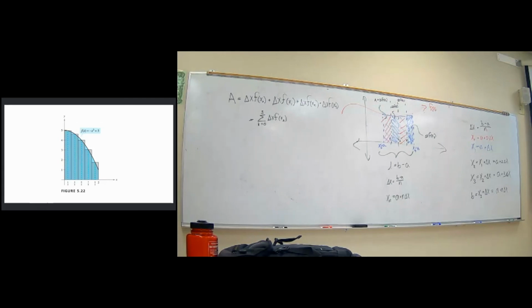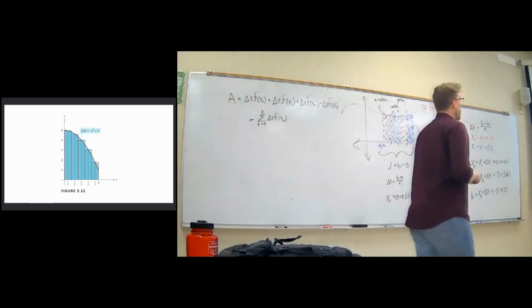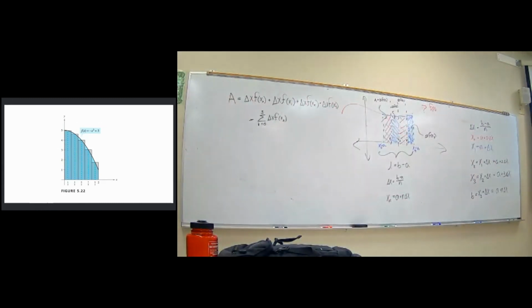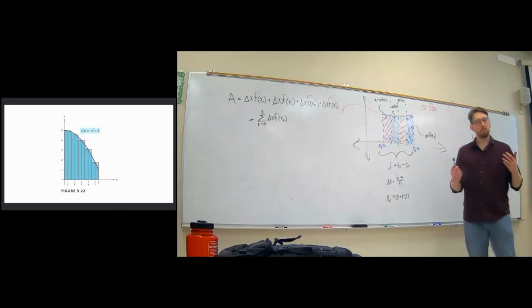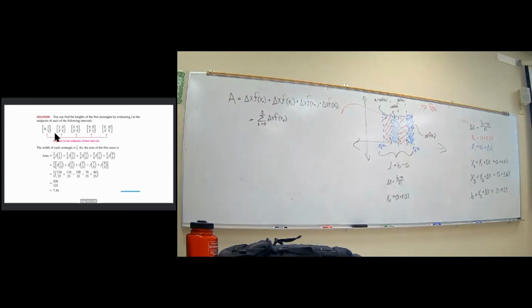But to find the approximate area using 5 rectangles whose height is going to be determined by the middle value of each subinterval, that's going to take a little bit more work, but not much. We're going to break up our interval into subintervals.